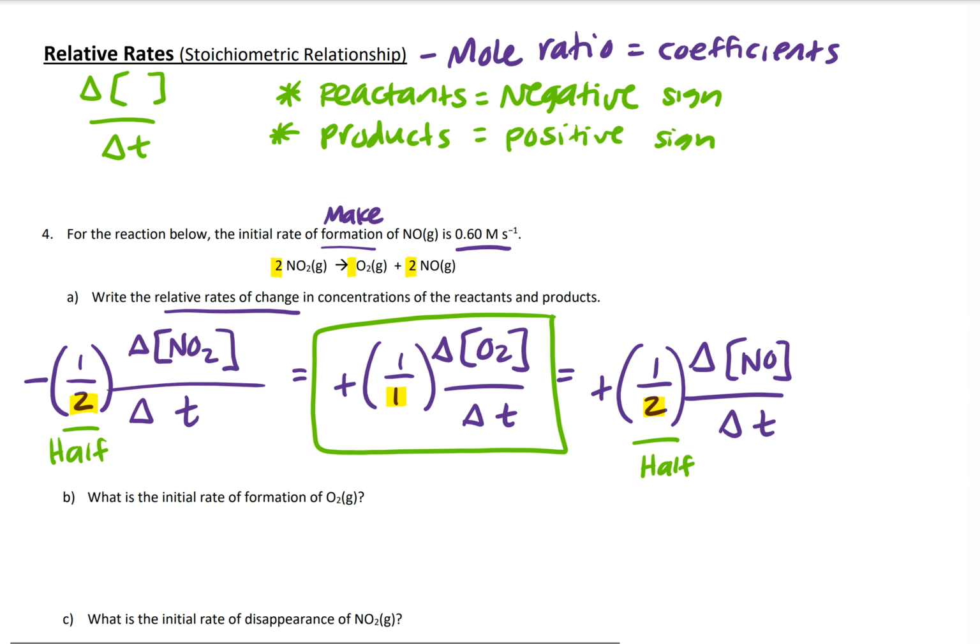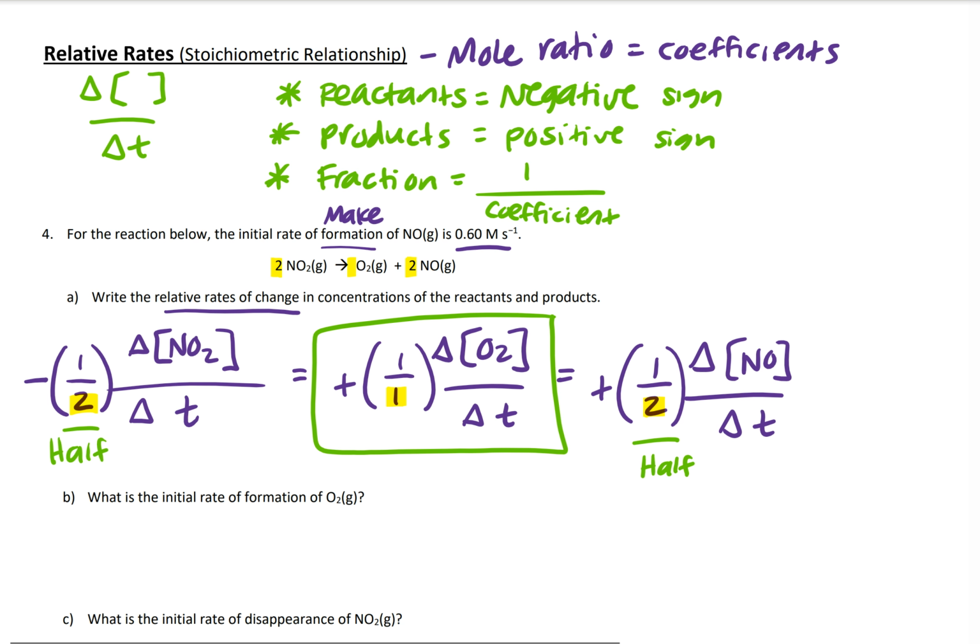You don't have to put the plus sign, but I did for emphasis here for you to recognize that it is a positive change in rate. And then finally, that fraction in the front. The fraction will be 1 over the coefficient from the balance equation. Okay, that's how we write relative rates. We put a fraction in front, which is essentially 1 over your coefficient, and then the formula for rate, change in concentration over the change in time.